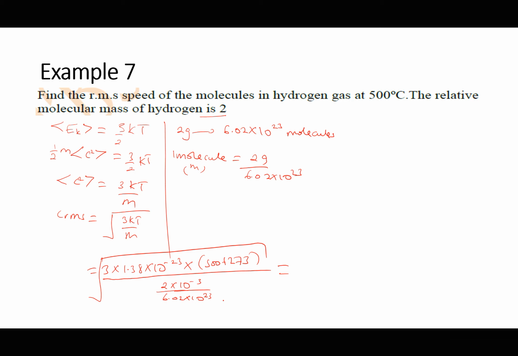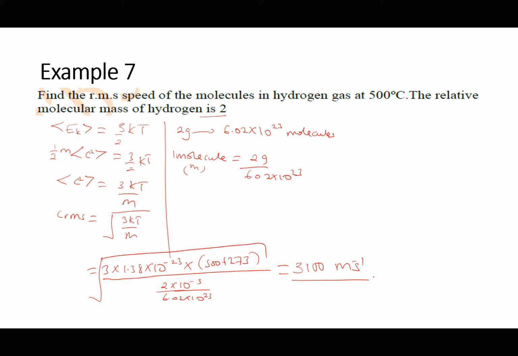Okay, so to two significant figures, I am getting 3100 meters per second as the root mean square speed of the molecules in hydrogen gas. You can also check and try to find that value and see if it is the same.